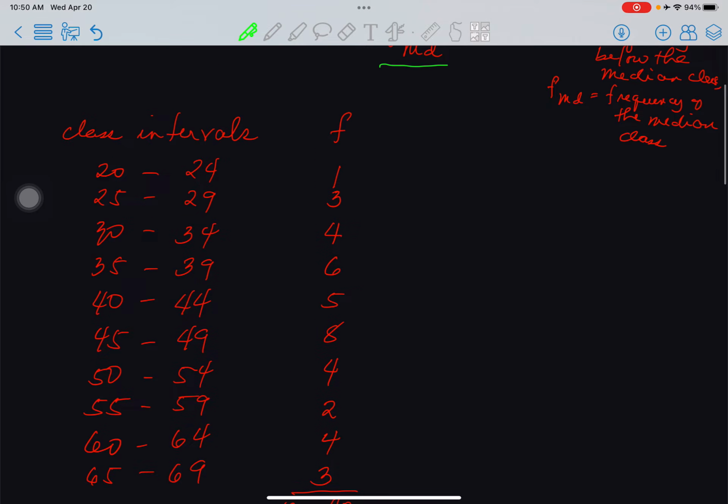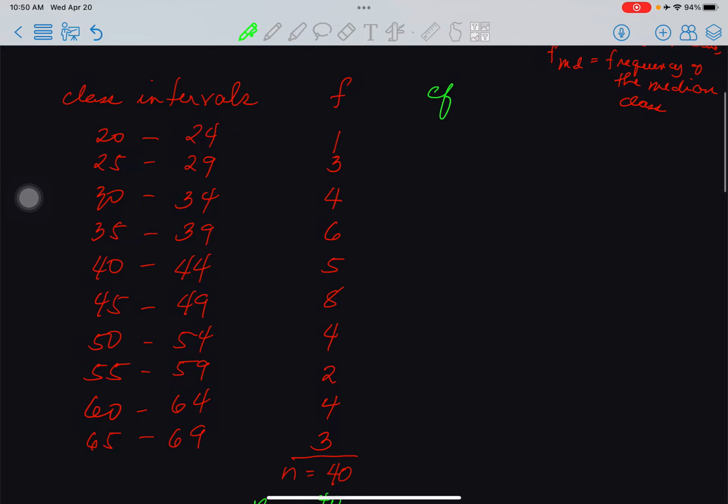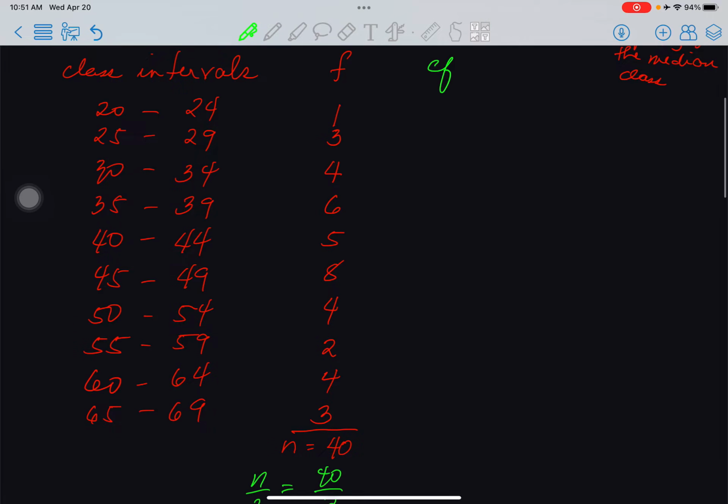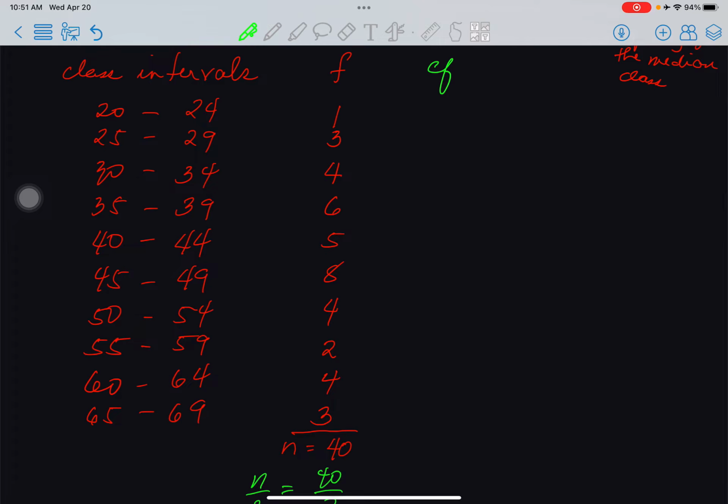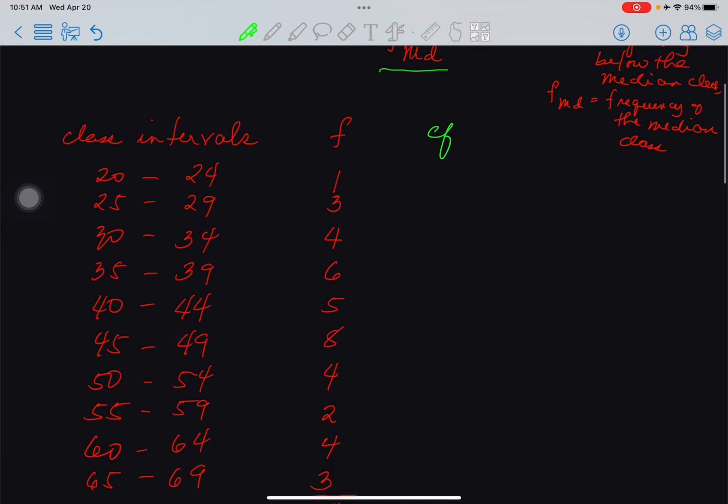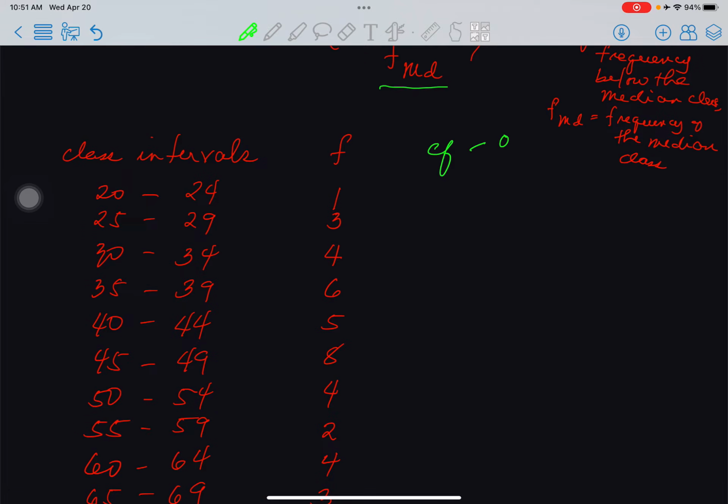Now, we are going to find our CF. Our CF is known as the cumulative frequency. Cumulative frequency is defined as adding all the frequencies as we go up or go down using our class intervals. The cumulative frequency is also known as ogive.